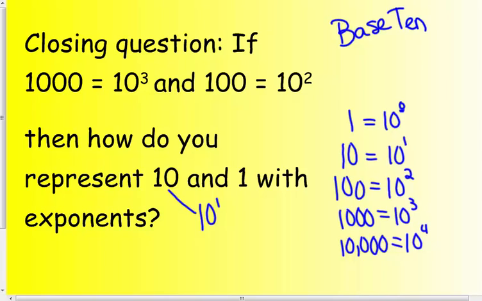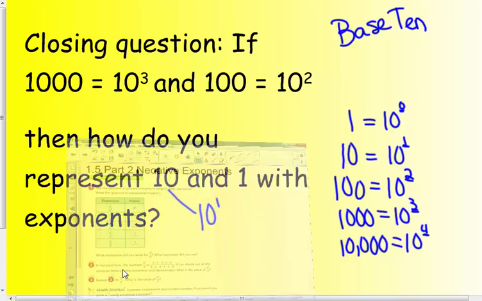I wonder if this exponent has something to do with no zeros in the ones place. There is 1 zero in 10. There are 2 zeros in 100. There are 3 zeros in 1,000. There are 4 zeros in 10,000. There are 6 zeros in 1,000,000. I think those are related. Yes, they are. So that's it for the first part of the notes.